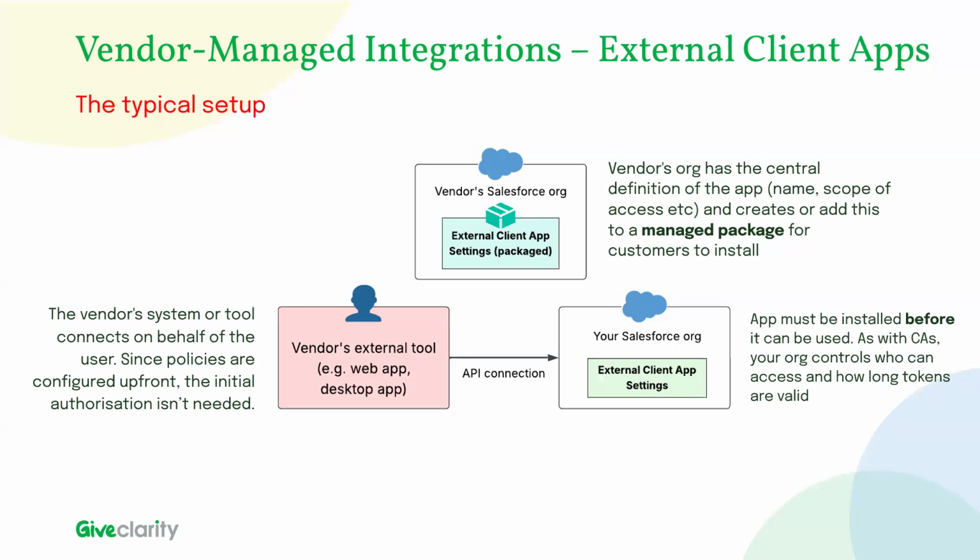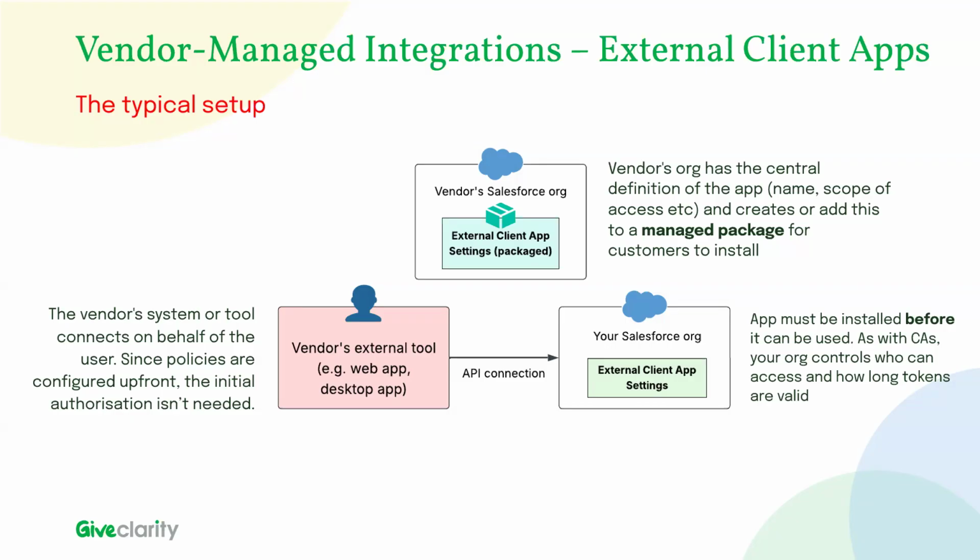Very similar. As I mentioned, these are very similar to connected apps conceptually. The main difference in terms of how things look in a vendor managed integration is that the vendor external client app would typically be part of the managed package, if it's an AppExchange app.